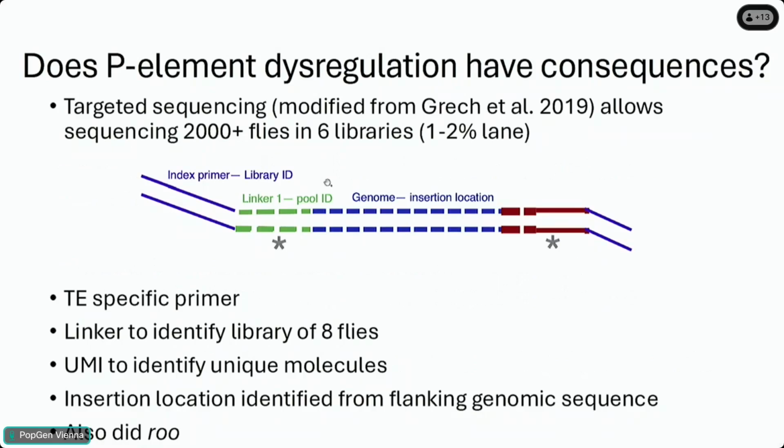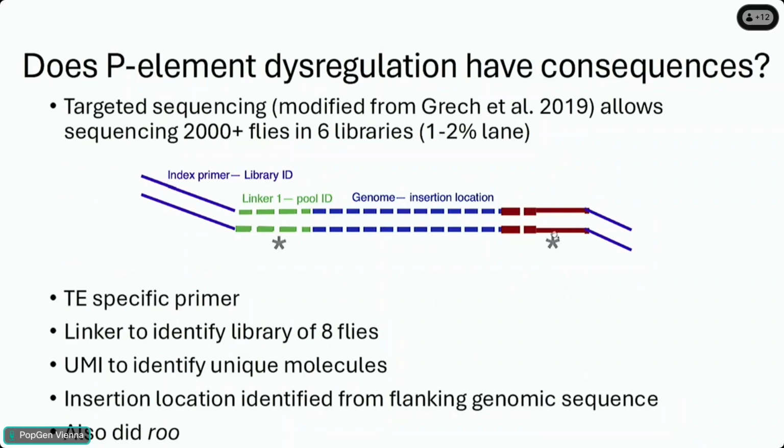We had a molecule that helped us identify the pool. We pooled these pools of 8 flies into larger pools, so we didn't have to pay for more, and we ended up preparing 12 libraries in the end for 2,000 flies.